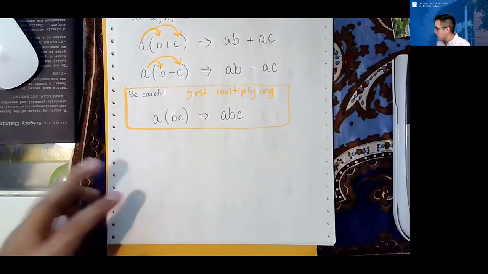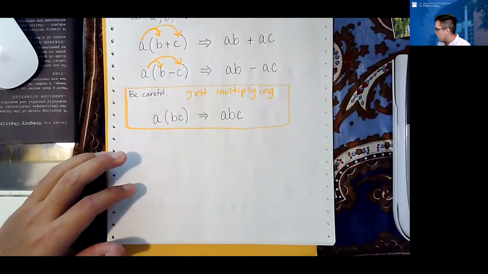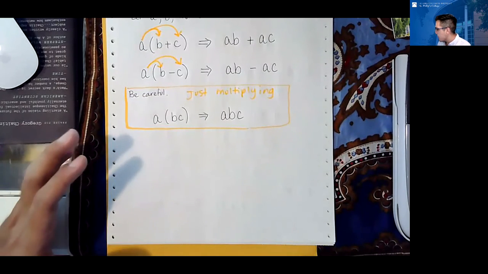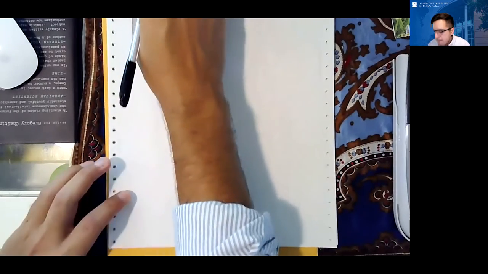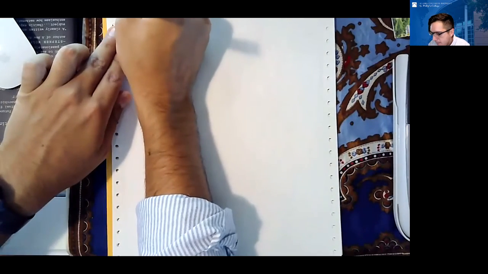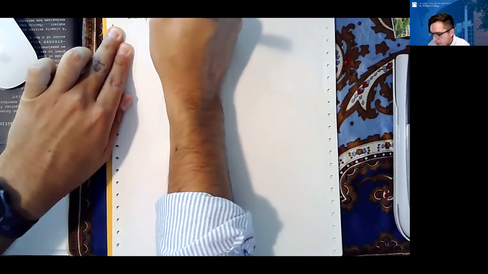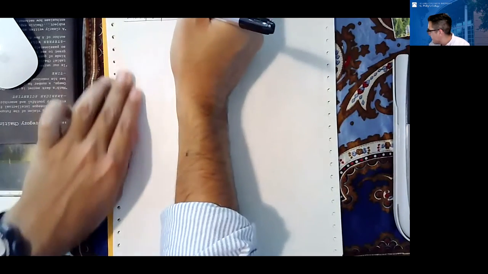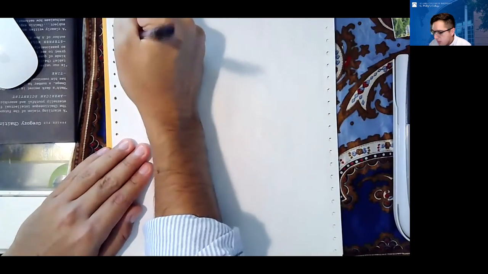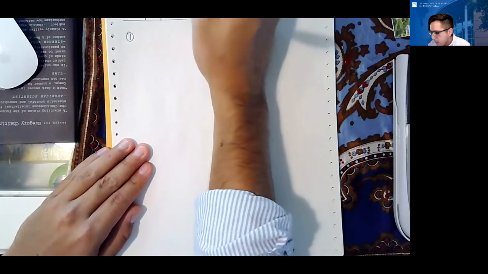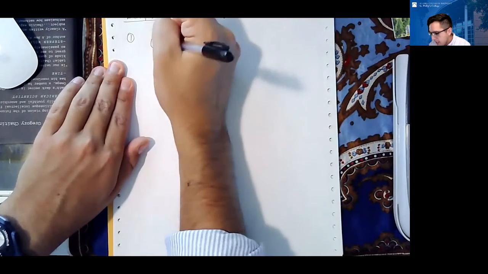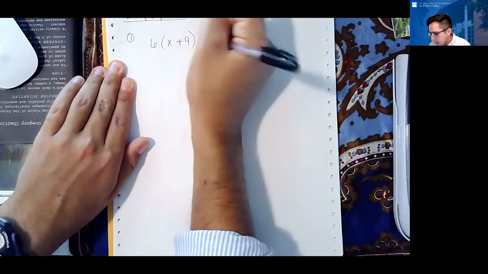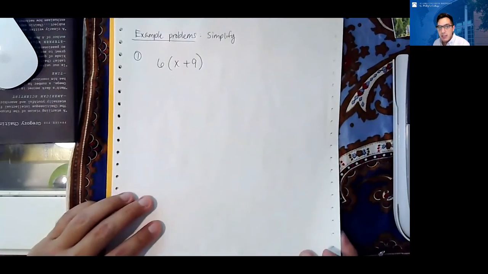So let's take a look at some workbook problems so that we can get a feel for how these problems will work out. Let's go ahead and simplify these expressions. 6 times (x plus 9). -2 times (6x plus 6y). 7 times (5x plus 7y plus 8). And let's just talk them out loud once you have them written down.